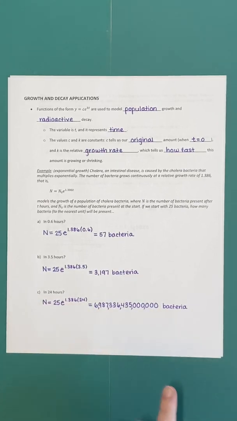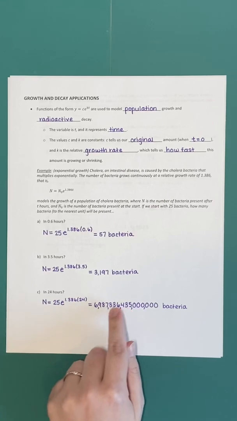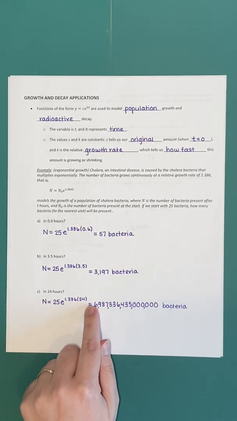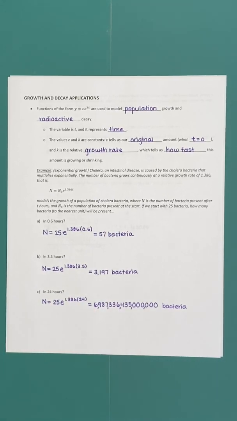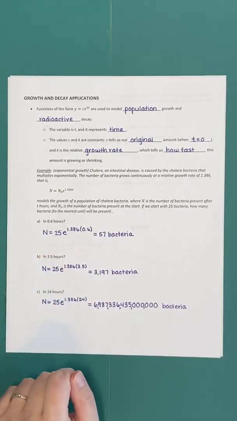What is this number? Well, here's thousands, and then millions, and then billions, and then trillions. This is what we would call quadrillions. So once we get past trillions, we're into quadrillions. That's about 7 quadrillion bacteria after 24 hours. So we went from about 3,200 in 3.5.